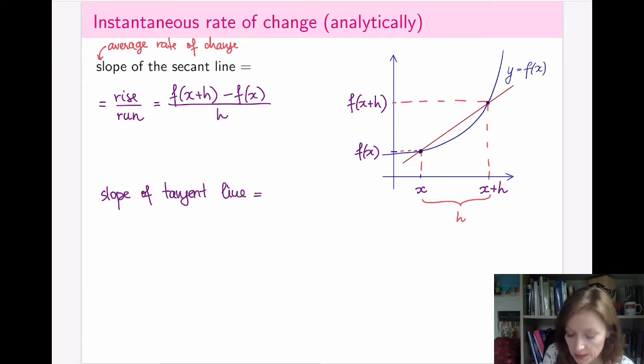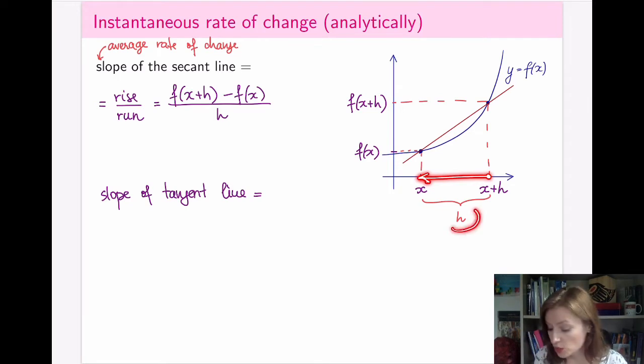This is essentially exactly the same, except now I would like to move this point closer and closer to my original point at which I'm interested in the instantaneous rate of change. That just means I'm moving this x plus h closer and closer to x, which just means that I want the distance between these 2 points to essentially not be there, or be 0.